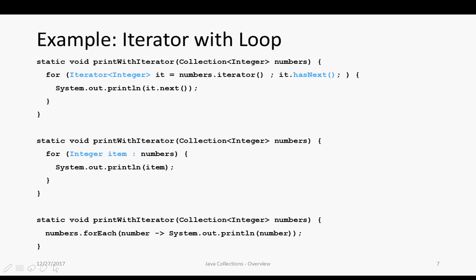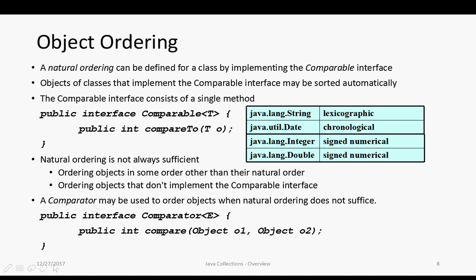If it has a next, I'm going to print that next element. On the other hand, I'm using a for-each loop, where I'm iterating over the numbers, the collection, and I'm printing that item. While in Java 8, I'm using forEach and I'm printing that number, using forEach.